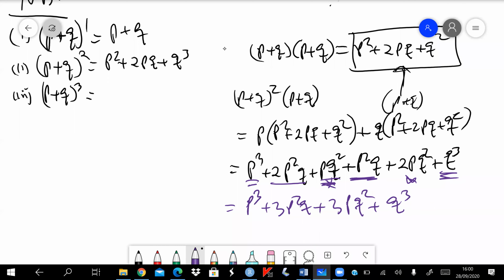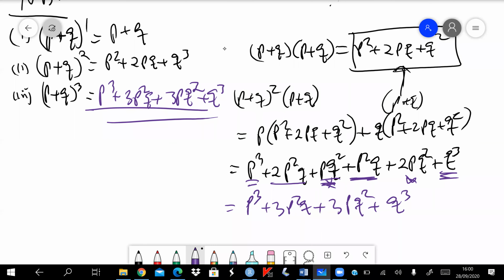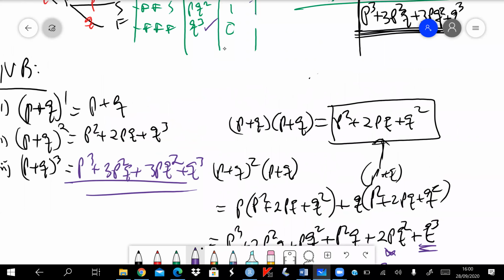So that's what we have here. So this is P cubed plus 3P squared Q plus 3PQ squared plus Q cubed. And this is quite similar to what we got up here.